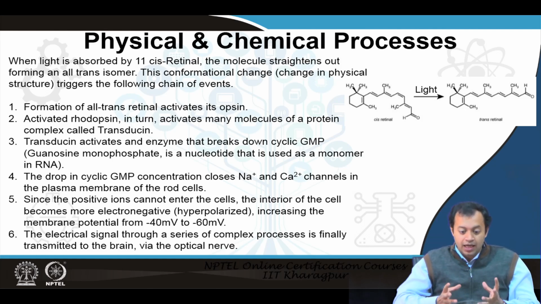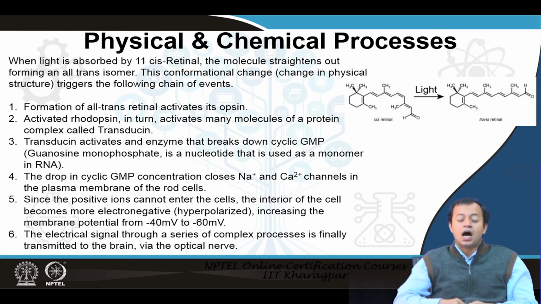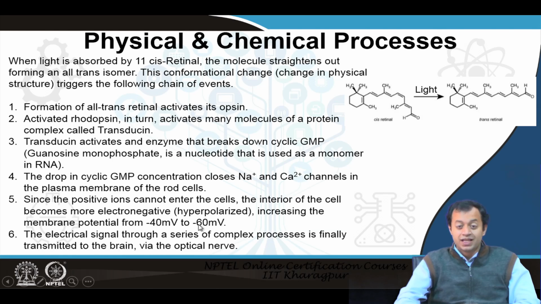Every day I see this and I think how beautiful this is. And think about it, minus 40 millivolt to minus 60 millivolt, each cell carries this much potential.